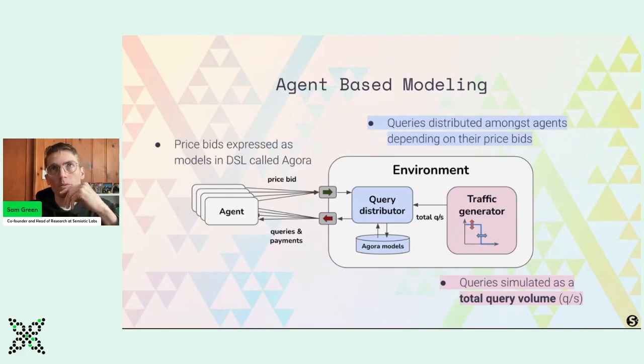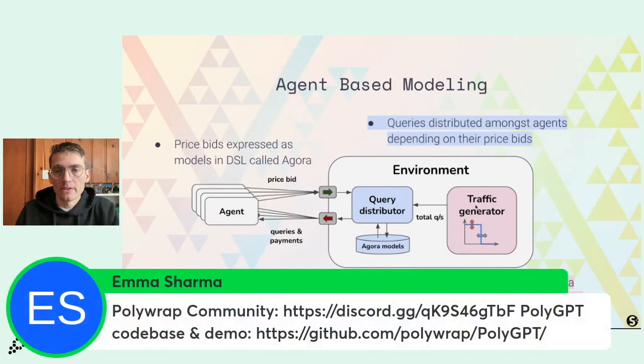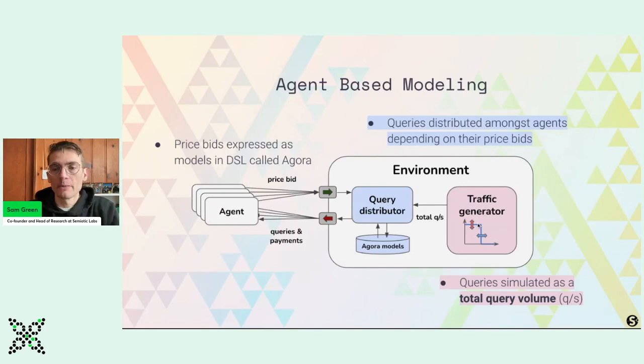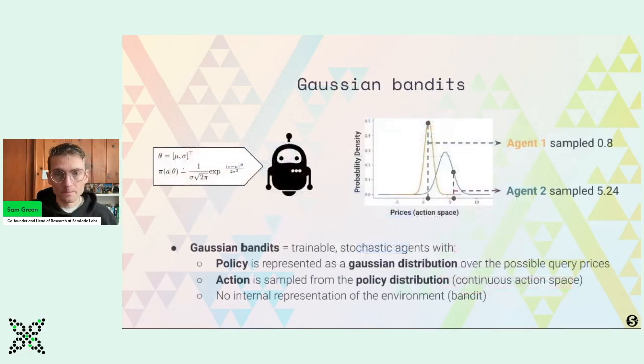When we were doing development to build the models, we had a simulation environment that had a query distributor. It basically chose which agent got to fill the query. It also has a traffic generator that simulates query volume. And then we have agents that can express bids in a domain-specific language called Agora. And that's why we call the system AutoAgora.